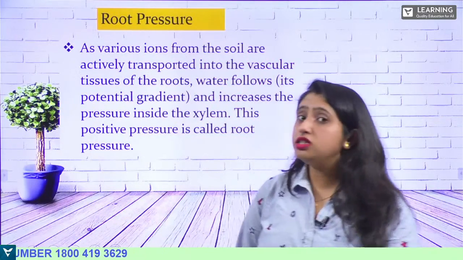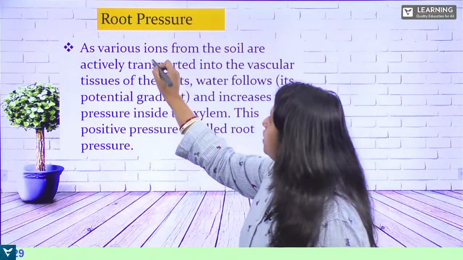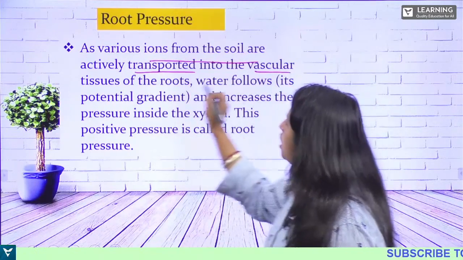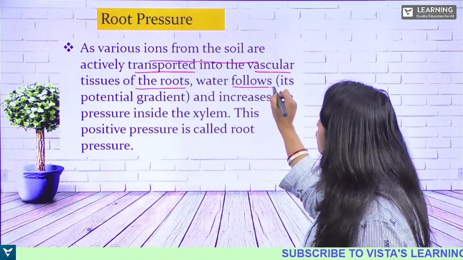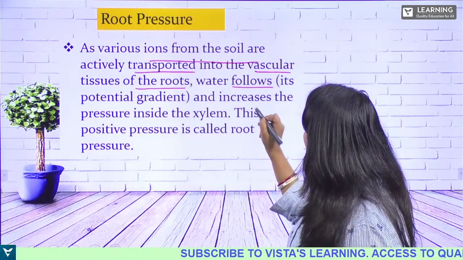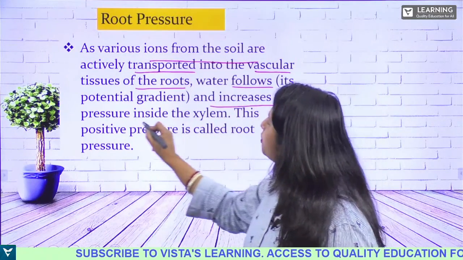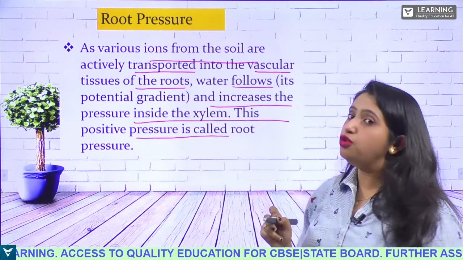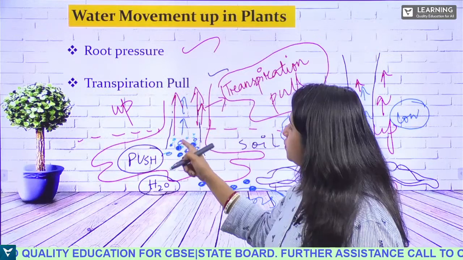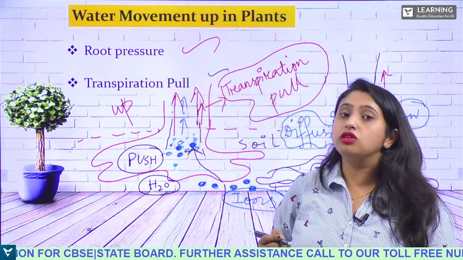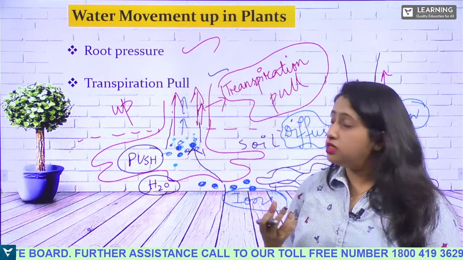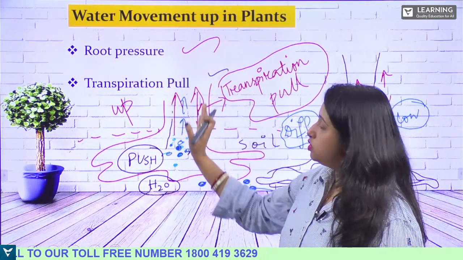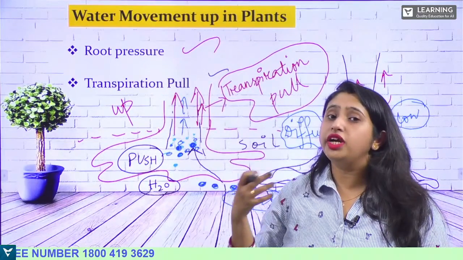So see, root pressure. What is this root pressure? As various ions from the soil are actively transported into vascular tissues of the roots, water follows and increases the pressure inside the xylem. This positive pressure is called the root pressure. So remember here, along with the water, various ions are also going inside the roots, so it is creating pressure.